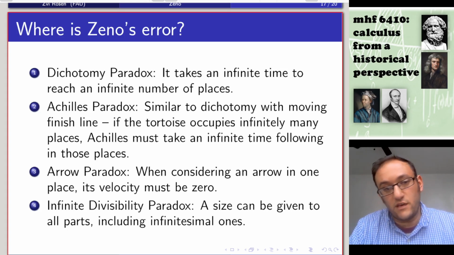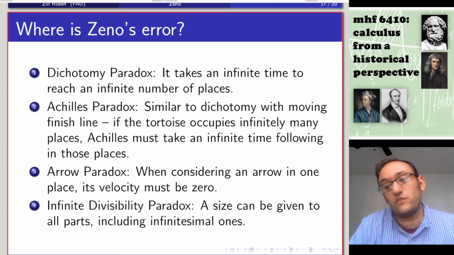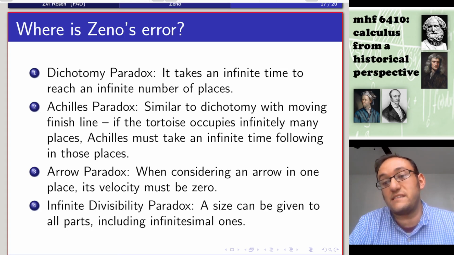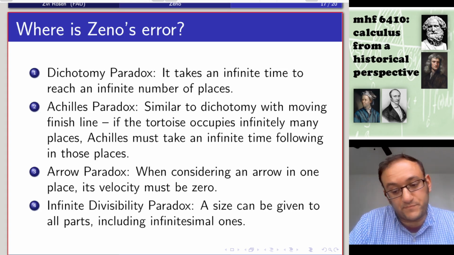As we'll see, that's not an assumption we have to make. And in the infinite divisibility paradox, we're saying that a size can be given to all parts, including infinitesimal ones. So Zeno says it must be that all of these tiny parts have size 0, and so putting them together will get us something of size 0.